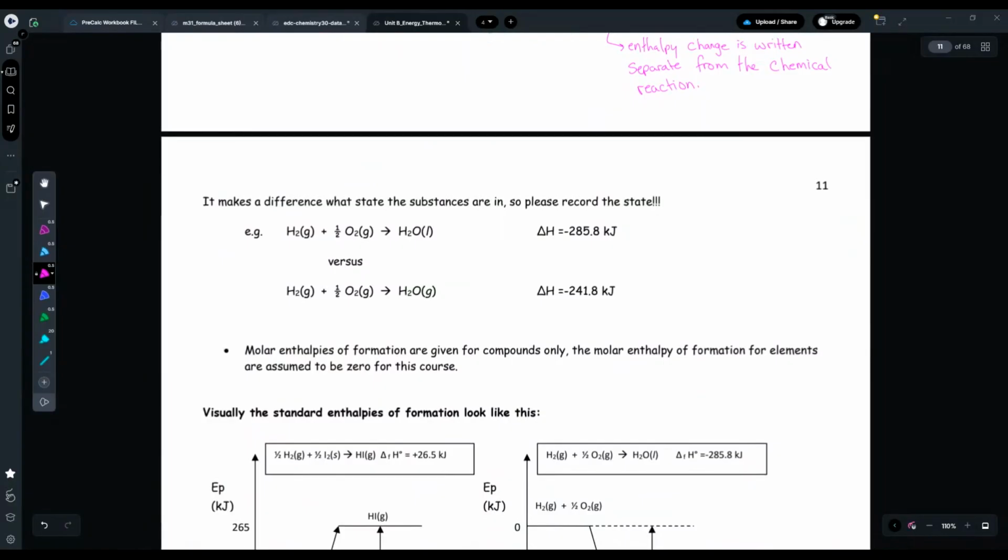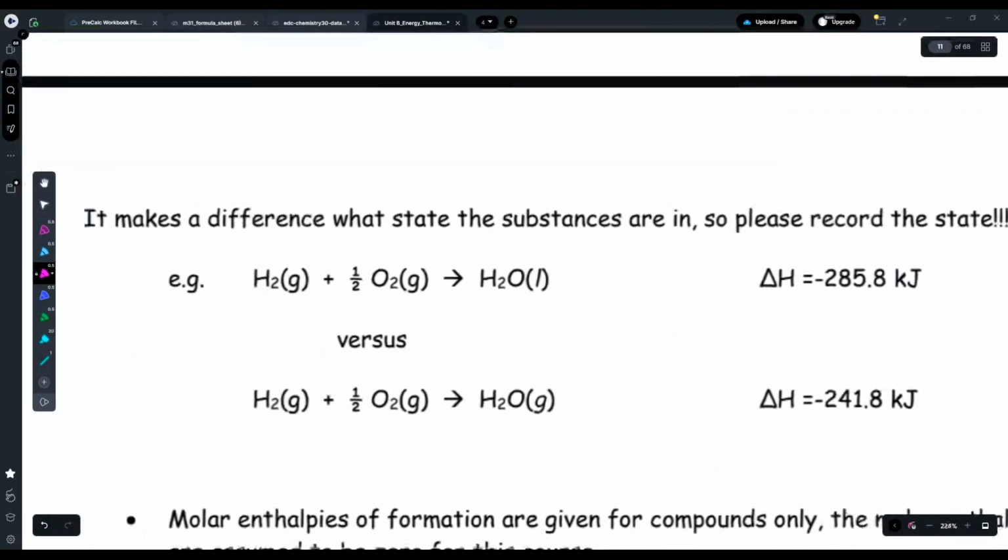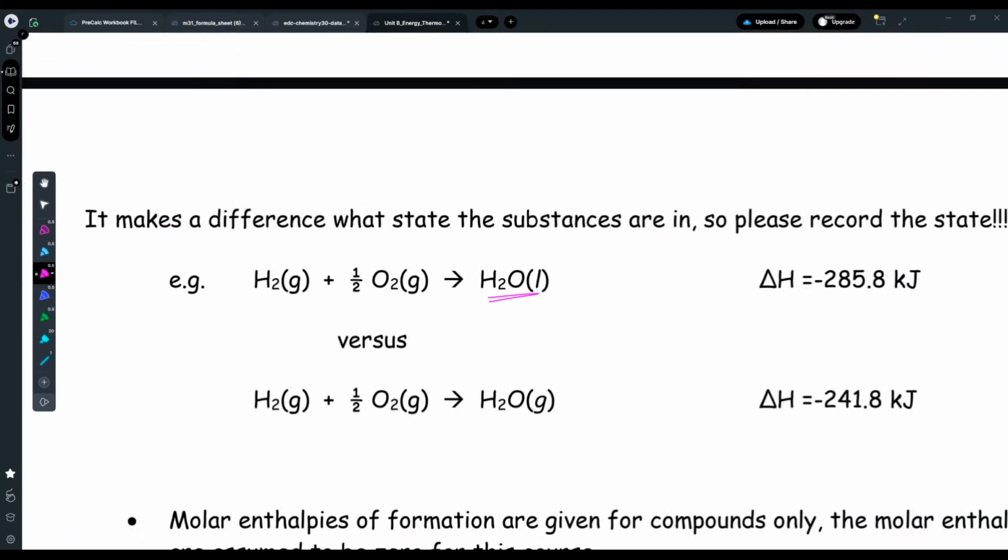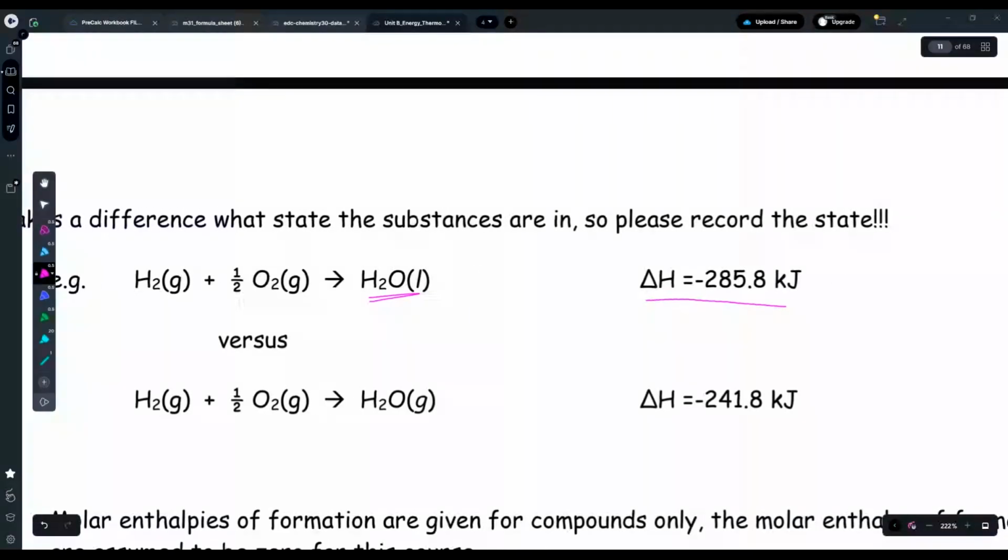All right, so keep in mind with enthalpy changes, it really does make a difference what states your substances are in. For example, if we look at the formation of water as a liquid, our change in enthalpy is going to be negative 285.8 kilojoules. But if we look at the formation of water vapor, so water as a gas, notice that we have a different change in enthalpy.